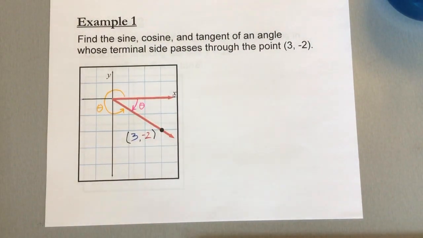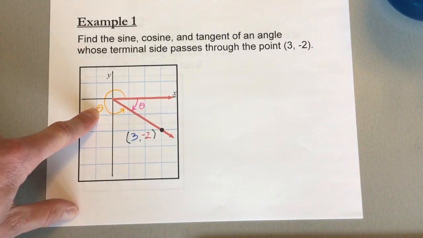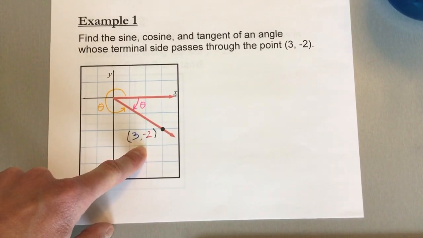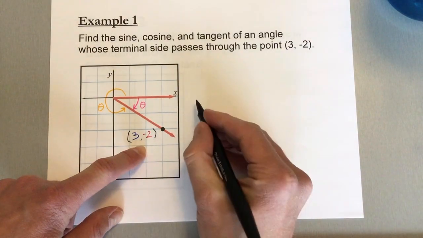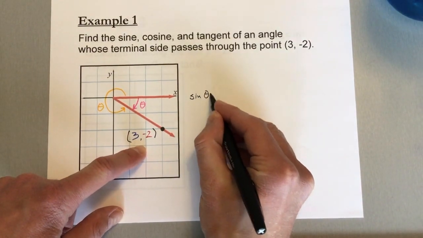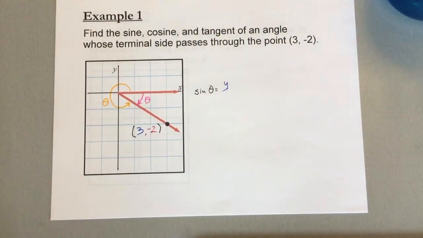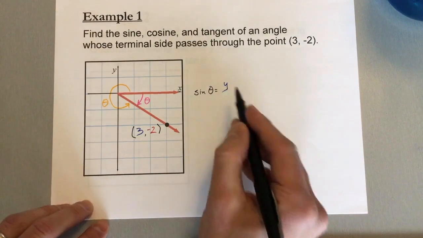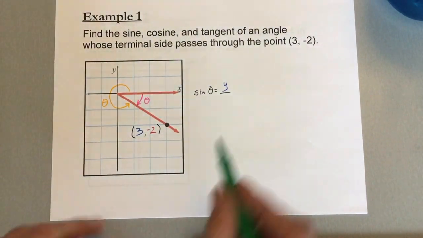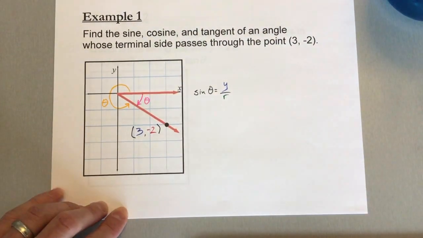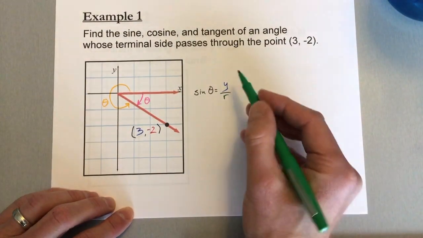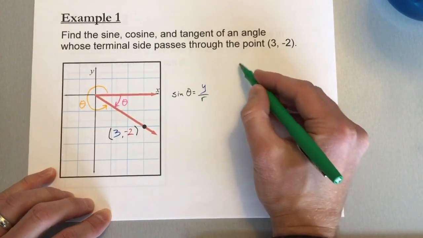So I can use these coordinate definitions to find the sine, cosine, or tangent of this angle by utilizing this point. The sine of this angle theta is y over r. So I know the y coordinate is -2, and I'll find that distance r by using essentially the Pythagorean theorem.